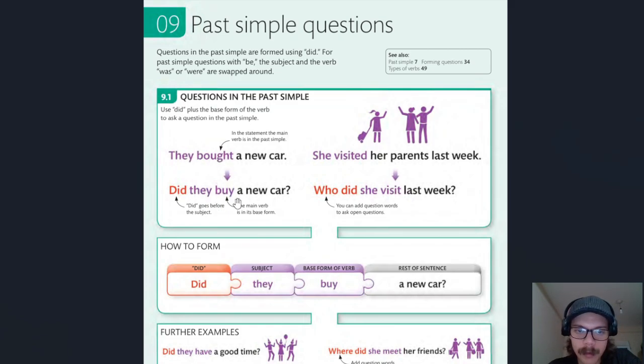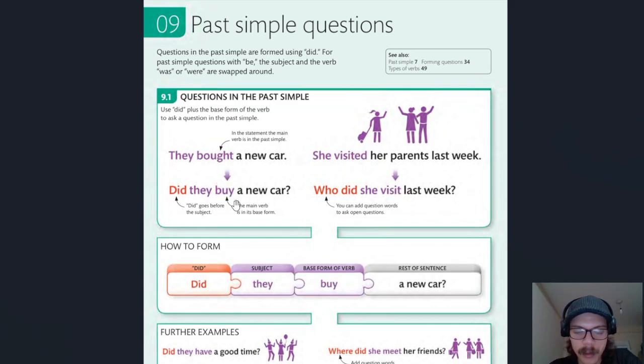When you make this into a question, you are going to do two things primarily. The first thing is add the word did. Okay, this is the same you were using for the negative. The difference is did goes at the beginning of the question. So you start the question with did. And then for the verb, you're going to use the base form.